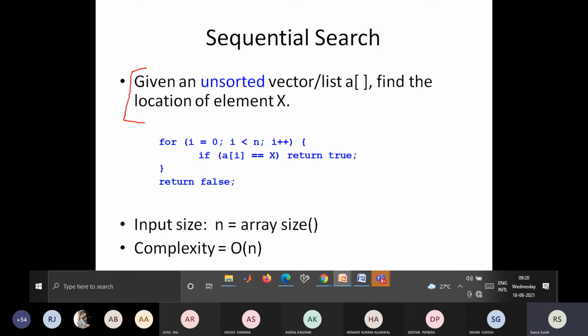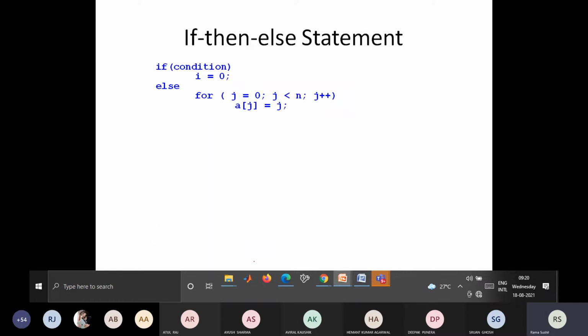In the case of sequential search, that is the linear search, you have a single for loop, you go on searching. If it matches the particular element, then you return, and the process is done. That is going to run for n number of times, so the complexity is of order n, right?